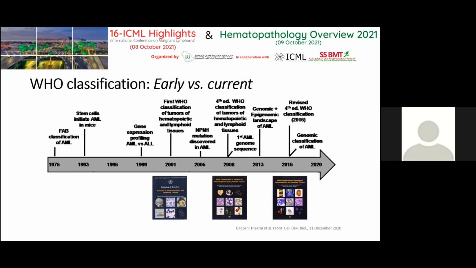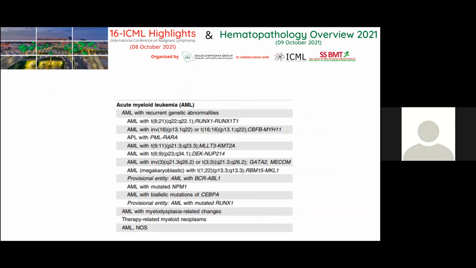So the current 2016 classification acknowledged that genetic abnormalities can be used as objective criteria for defining some entities and as a target for some approved chemotherapy.